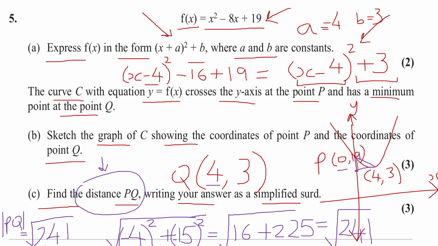Sorry, I've made a little mistake. It should be 16 squared, not 15. Sorry about that. So yes, 16 squared. Apologies about that. From 3 to 19, it's going to be 16 squared. Now, 16 squared, if you work it out, is 256, I think.